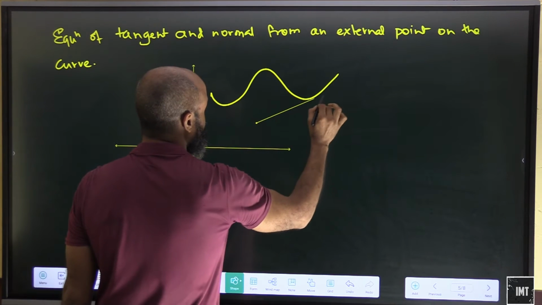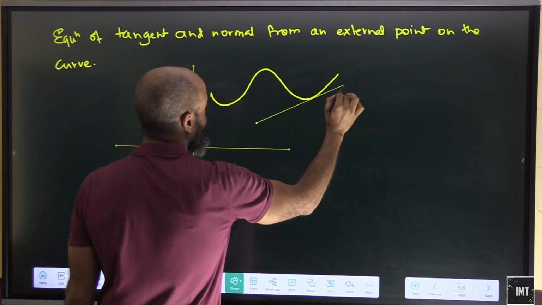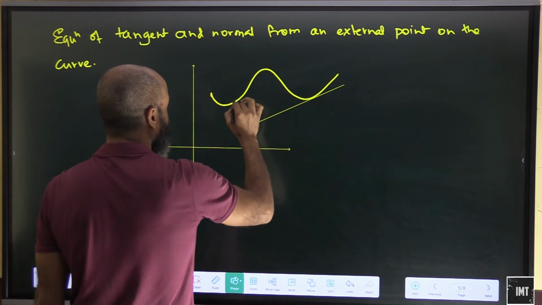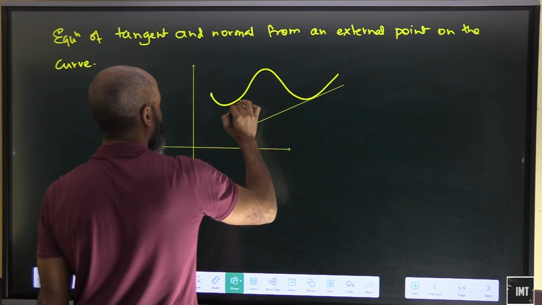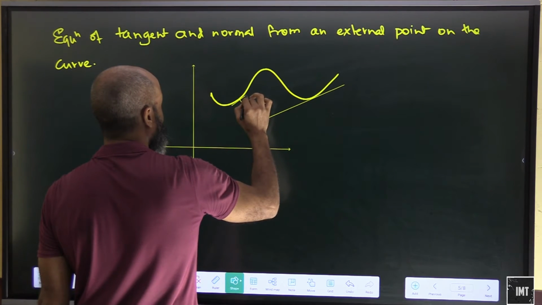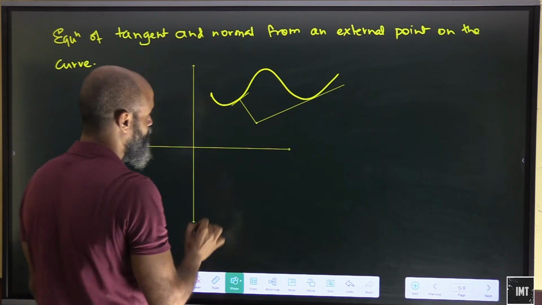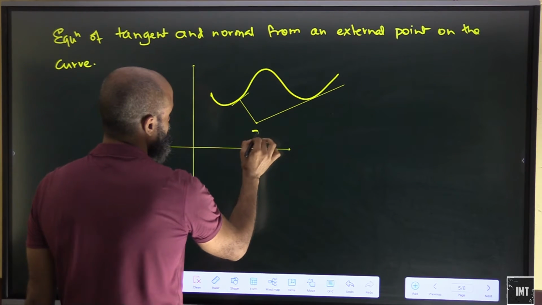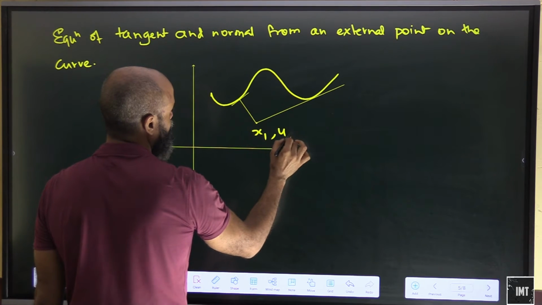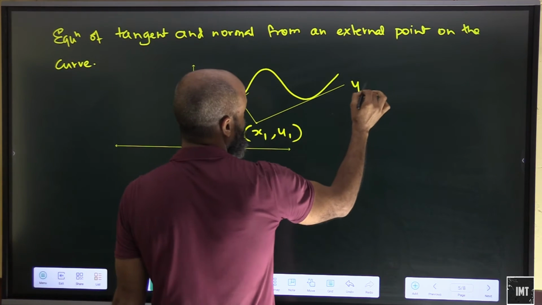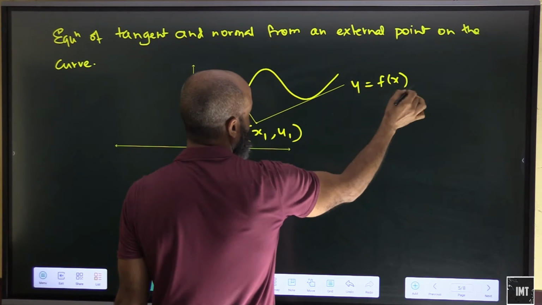So this is going to be the tangent, and let's say we draw a normal at this point. So we are drawing a normal. How would we know this is a normal? Because it will be perpendicular to the tangent which is drawn here. Okay, so let's name these points. Let's say this point is x1 y1, and we have the equation of the curve represented as y is equal to fx.